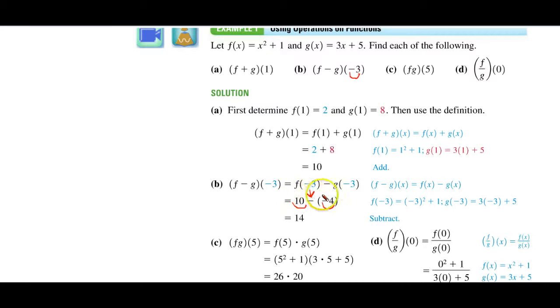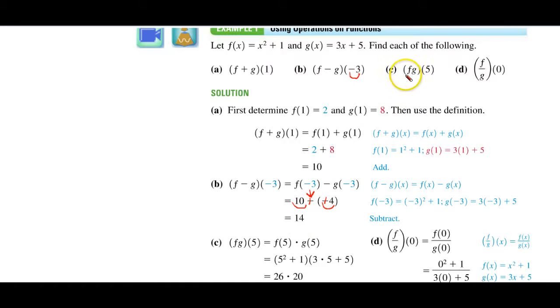Now, when you see this and you're using arithmetic, what is the opposite of a negative? Well, a -1 times a -4, again, will make this a positive. And that gives you, for item B, 14.